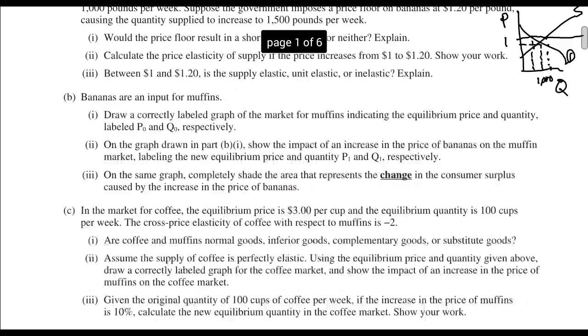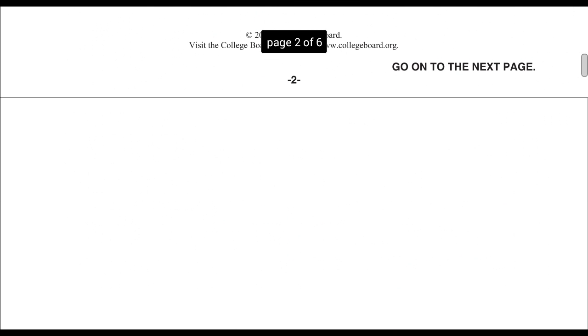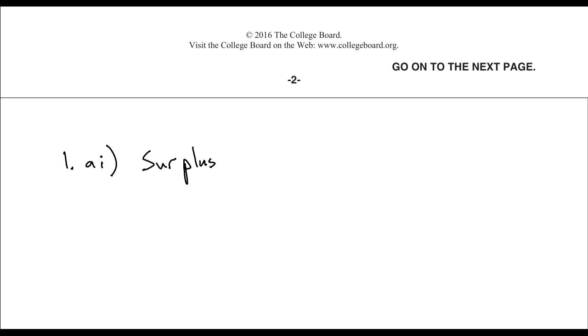So let's scroll down. Problem 1, A, Part 1, surplus. Why? Again, I'm just going to shorthand this, but why?